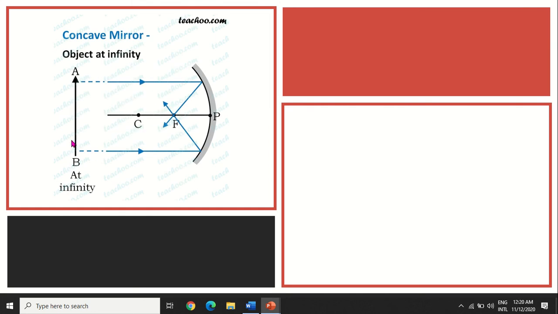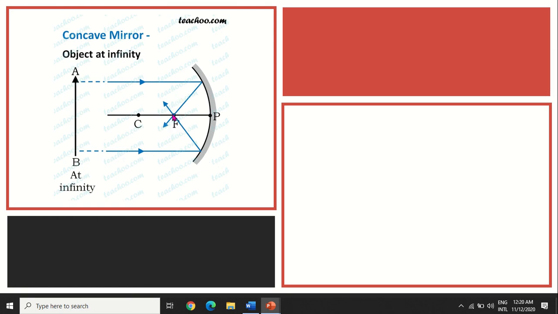Look here. When the object is at infinity, from the topmost point and from the lowermost point, rays of light come parallel from the object which is at infinity. Then after reflection, the reflected ray will pass through the principal focus.